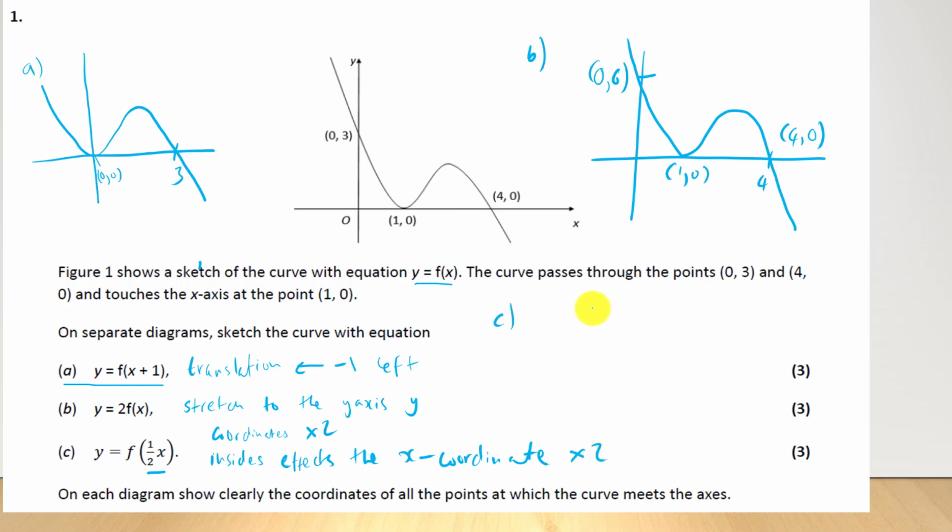So C, let's look, x times 2 here will be (2, 0), that will be (8, 0), that will still stay the same as (0, 3). You could just write 3 here, or (0, 3). And that will get you your 3 marks.